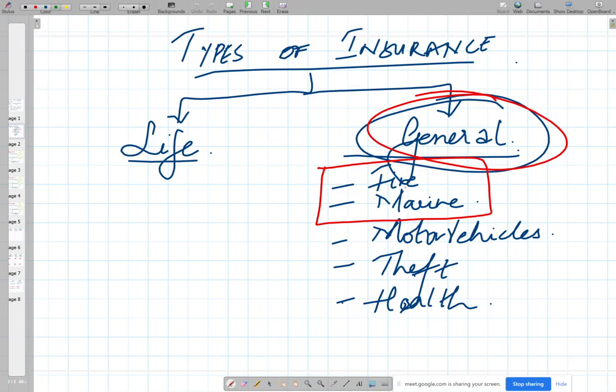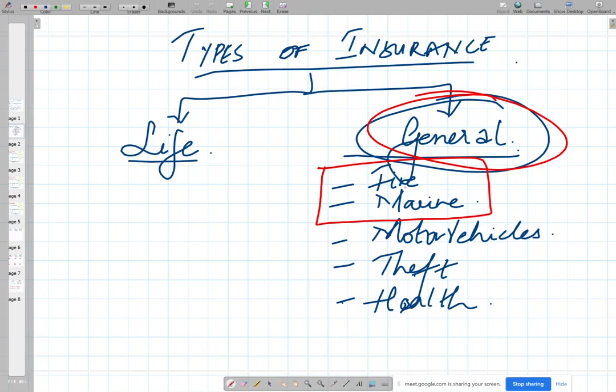So you will have one revenue account for fire, one for marine insurance and so on, giving you all the details of what income each department has earned in that particular year, and what expenses every department has incurred during that year.